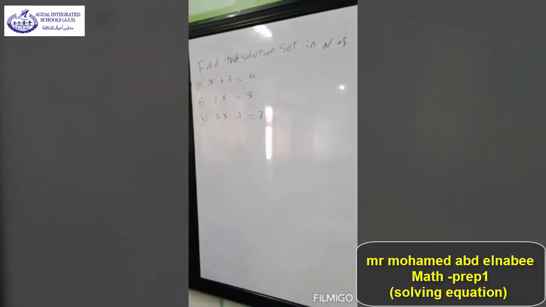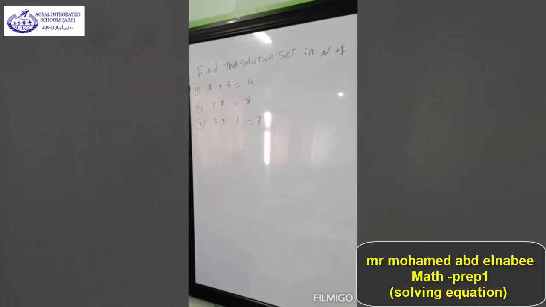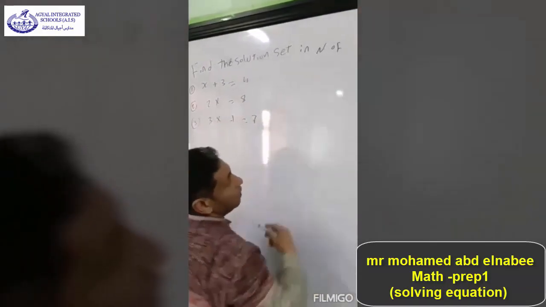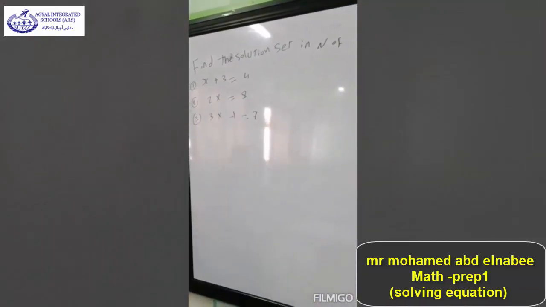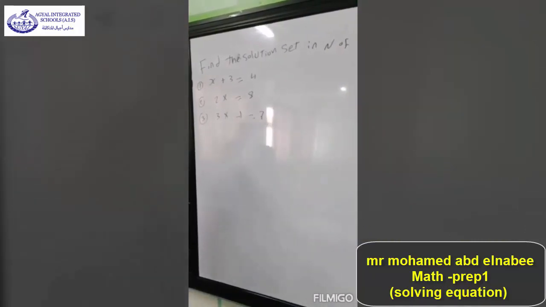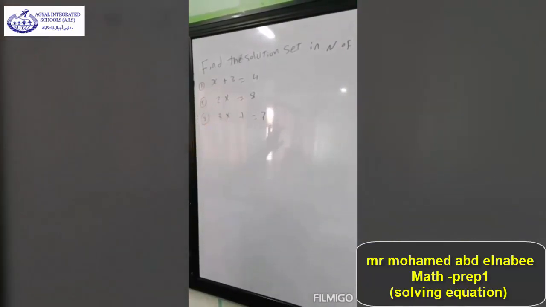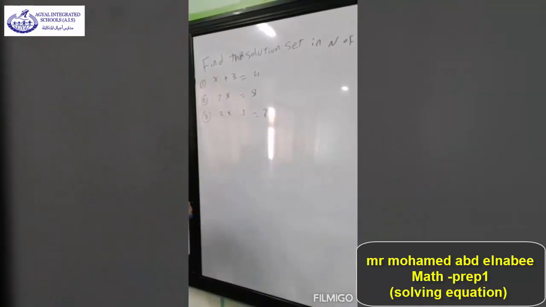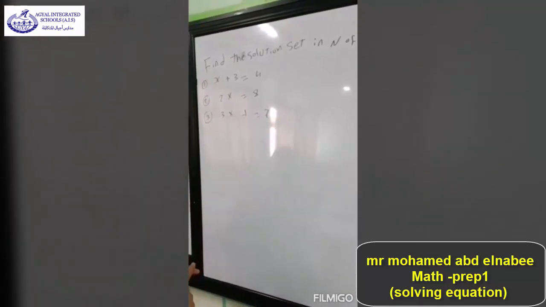These are 3 different examples to find the solution set in N. N is the set of natural numbers. It means the number must be one of the following: 0, 1, 2, 3, and so on. There is no negative and no fraction in this.